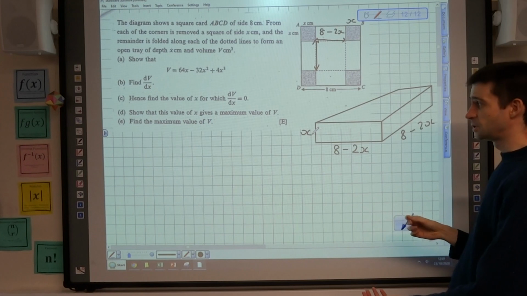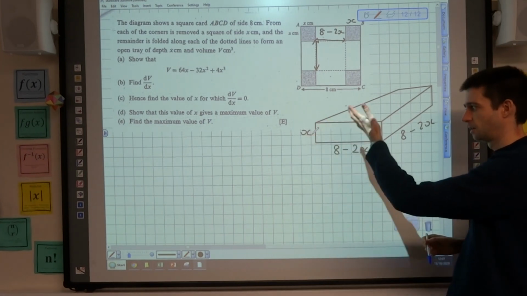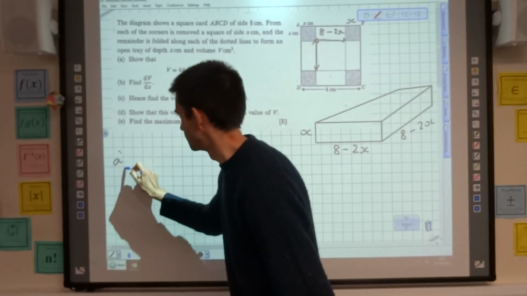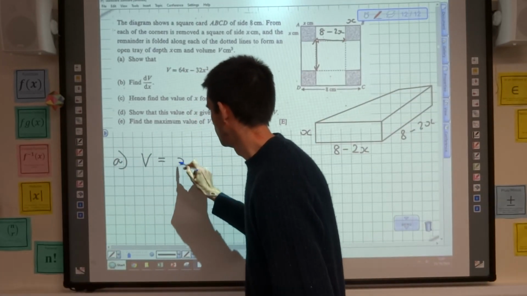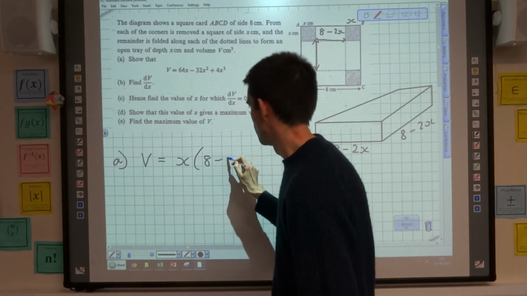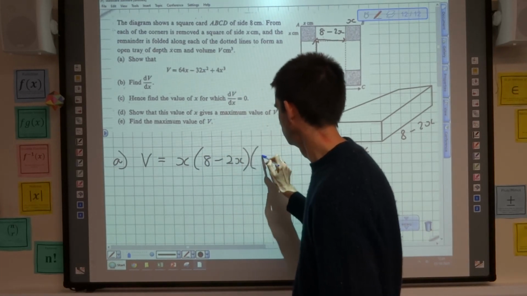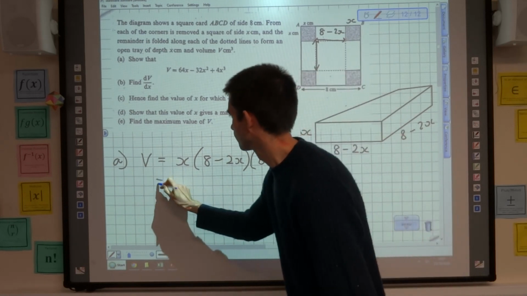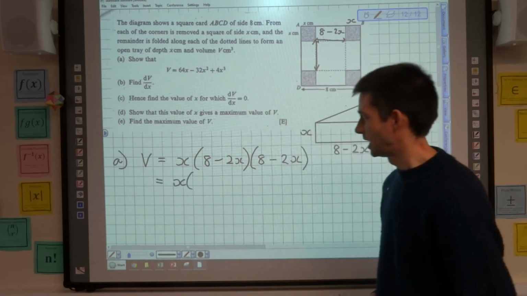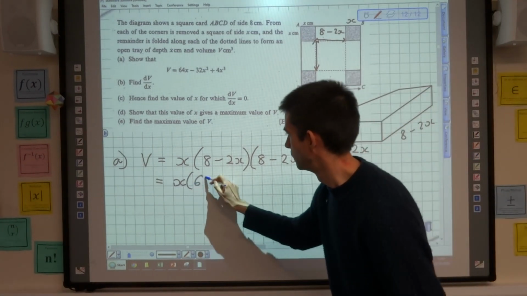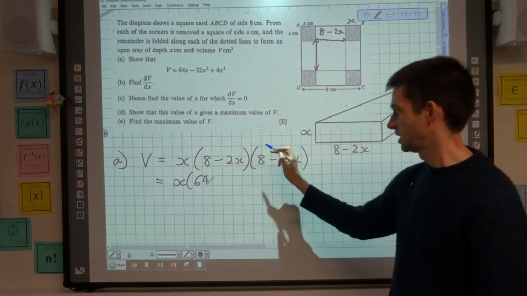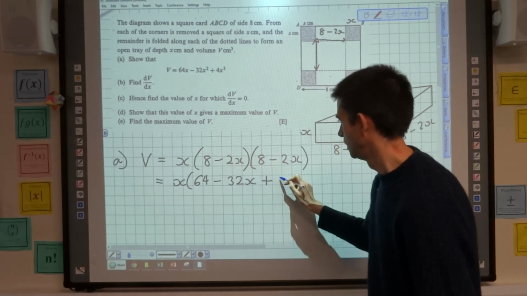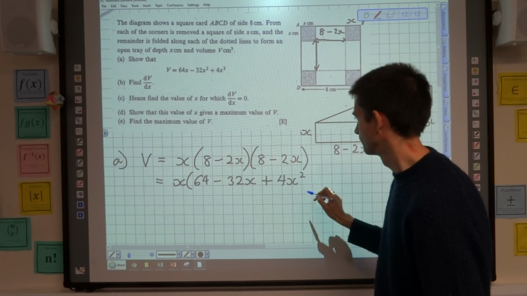So to get the volume of this cuboid, I would multiply x by 8 minus 2x by 8 minus 2x, which is what part A is asking us to do. So here we have x, 8 minus 2x, 8 minus 2x. So expanding out, we're going to have x, we're going to have 64, minus 16x, minus another 16x, we're going to have minus 32x, plus 4x squared.